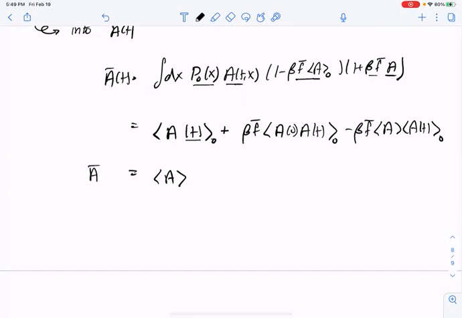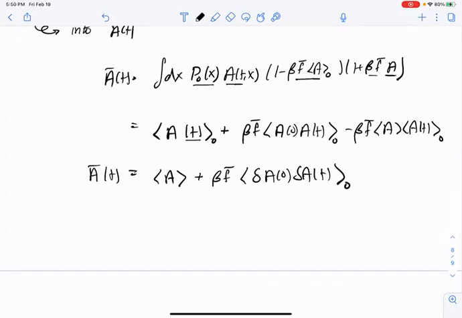I have that the time dependence of the average of A of t, in the limit that f is small, is given by beta linearly scaling with f and a time correlation function of the fluctuations of A at time 0 and A at time t, averaged in the absence of the force.